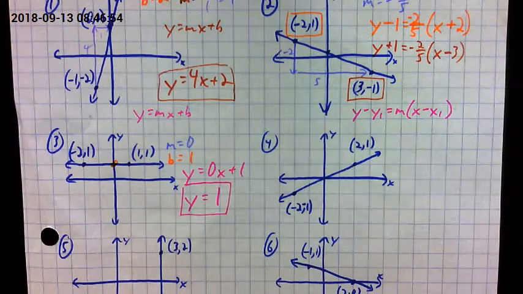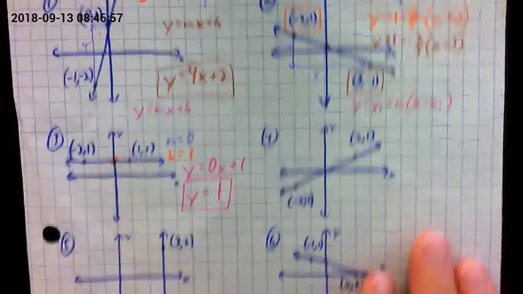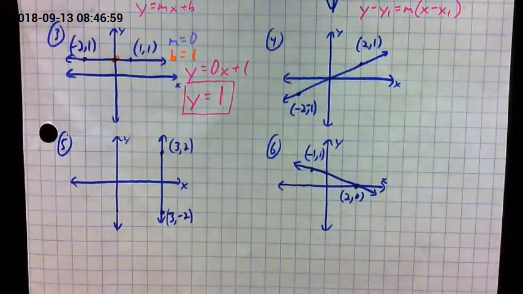Whereas if it's a vertical line, so actually let's skip down to 5 for just a second. On number 5, it's a vertical line. What's our equation going to be set equal to? Is it going to be in slope-intercept form or point-slope form? No. Because remember, our slope here is undefined.